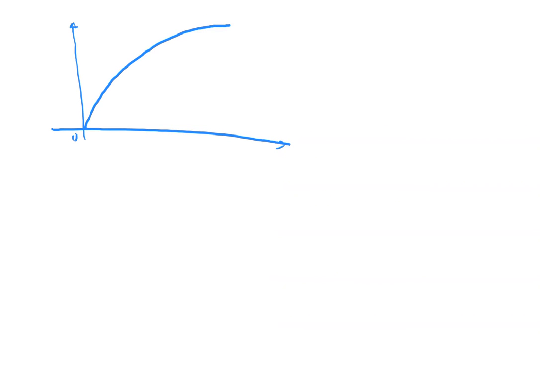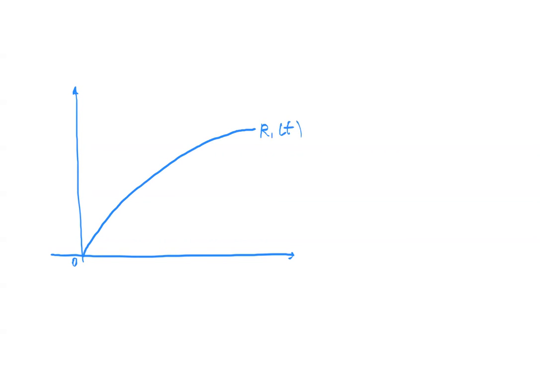Your r2, what happened? Okay, I redraw the whole thing. This is your r1(t), and your r2(t) goes like that. Am I right?